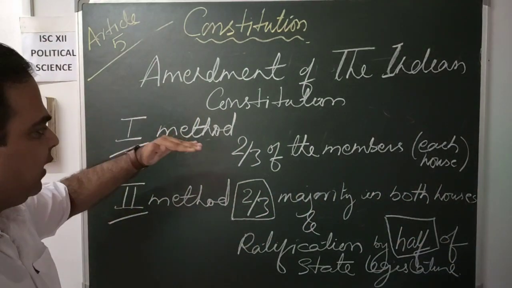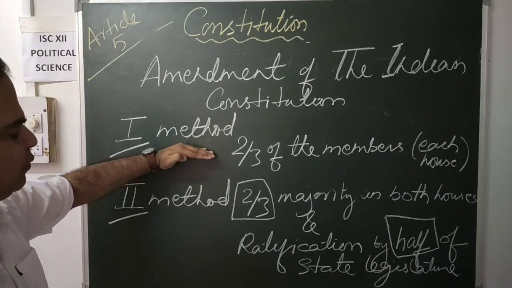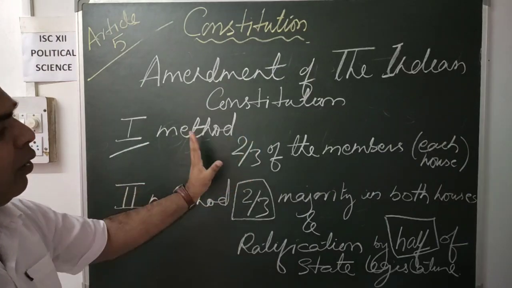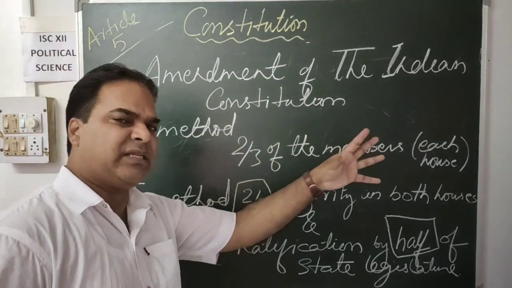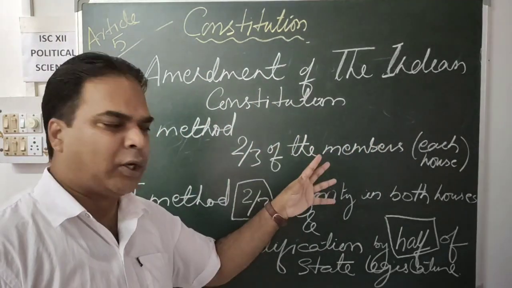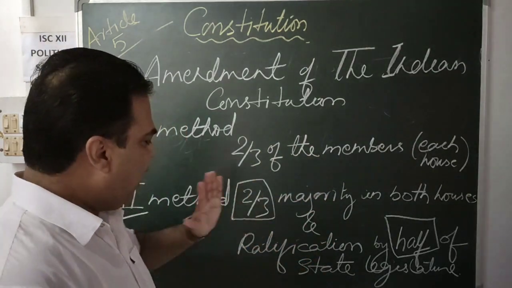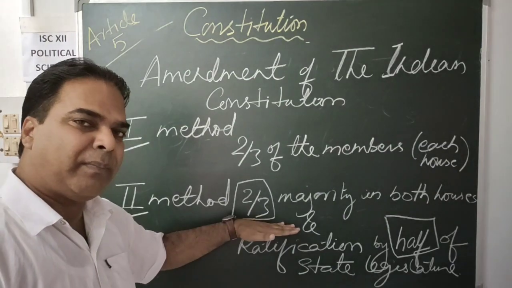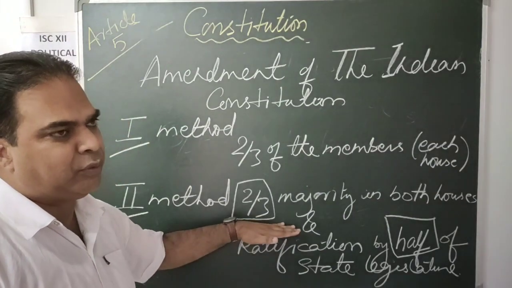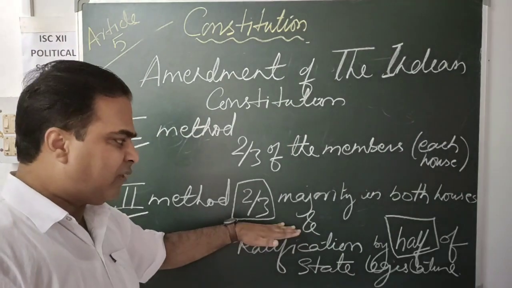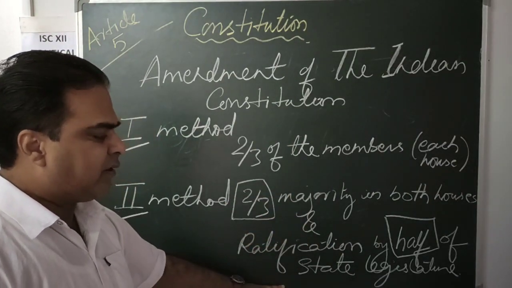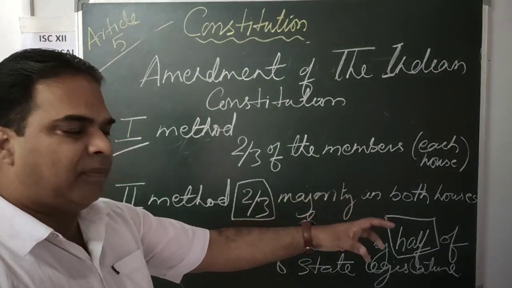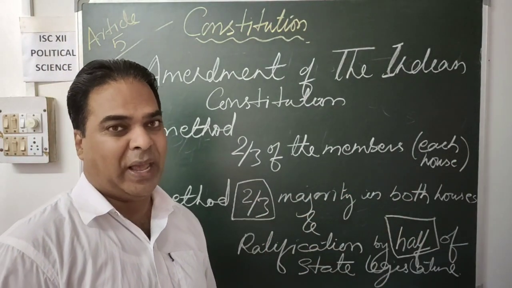So once again, the Indian Constitution has to pass through two stages in the second method, and the first method is very simple. Only the parliament can easily do so. They don't need to take the consent of the state legislatures. In the second method, two stages are there. First stage, 2/3 of the members of both the houses have to approve it. Then it is asked from the state legislatures whether the amendment has to be done or not, whether you agree to it or not.